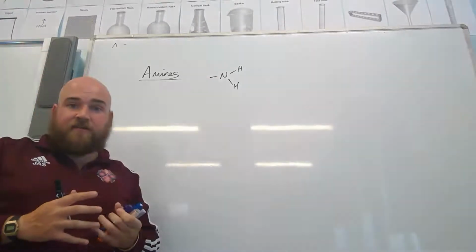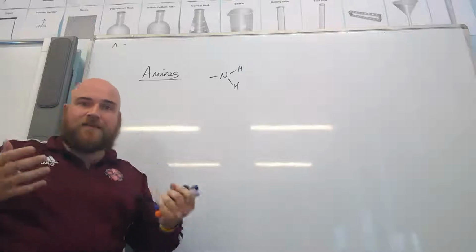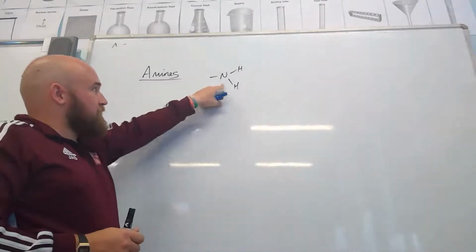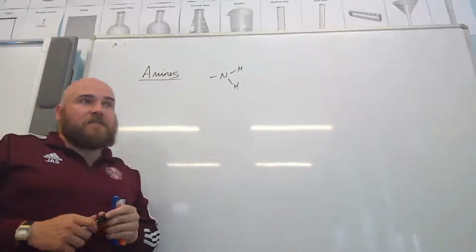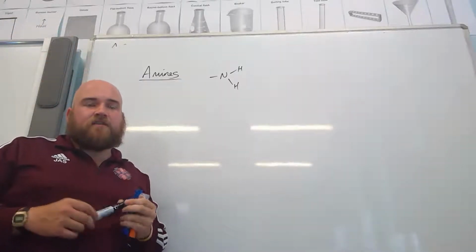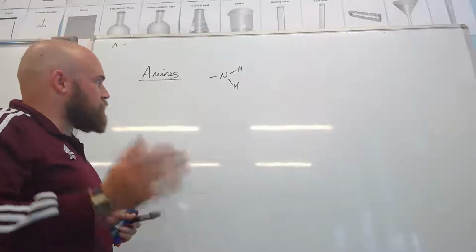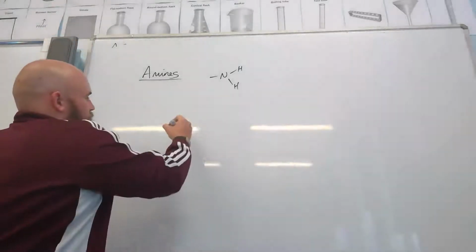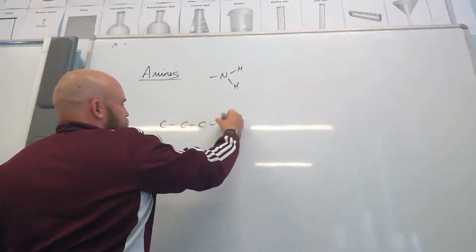They are a homologous series, which is a family of molecules with similar chemical properties because they've got the same functional group. And the functional group is this. They're called amines because they're ammonia derivatives. So you can make amines from reacting ammonia with a multitude of different organic molecules. So let's have a go at naming them then.